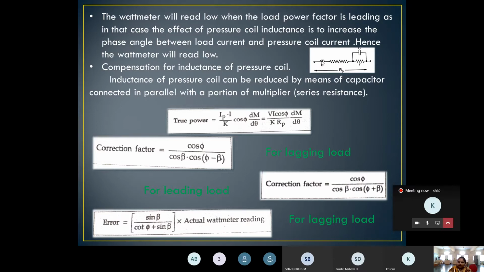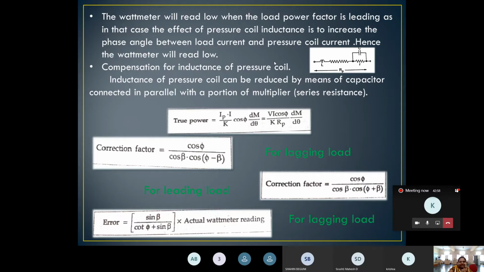This is our inductance, and a series resistance is there. A portion of the whole resistance, about half of it, is connected in parallel with a capacitor. That part is taken as small r, and the whole is taken as Rp. If I connect the capacitor, what error are we going to get?